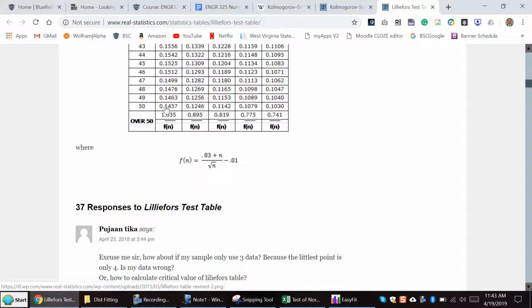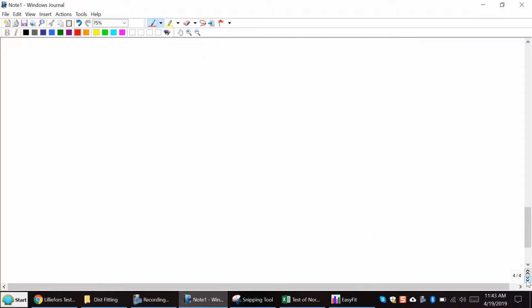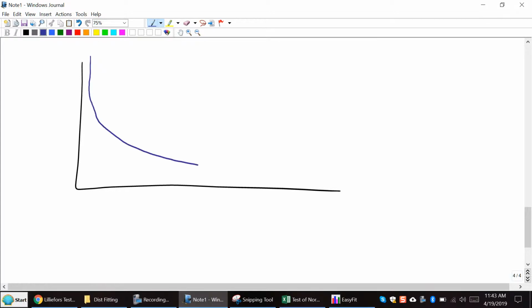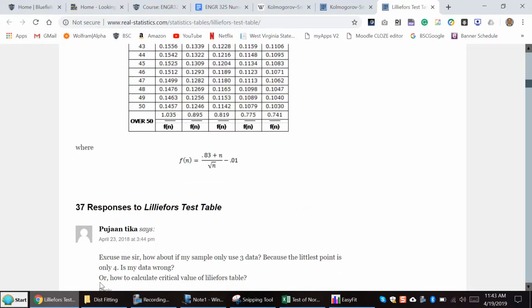And I don't know this for 100% certainty, but just looking at the numbers, my guess is that your graph looks something like this, where n is going this way. So this starts to linearize out. And so at that point, you're able to make an extrapolation as to what happens when you get samples, say, over 50, and you plug into these equations.